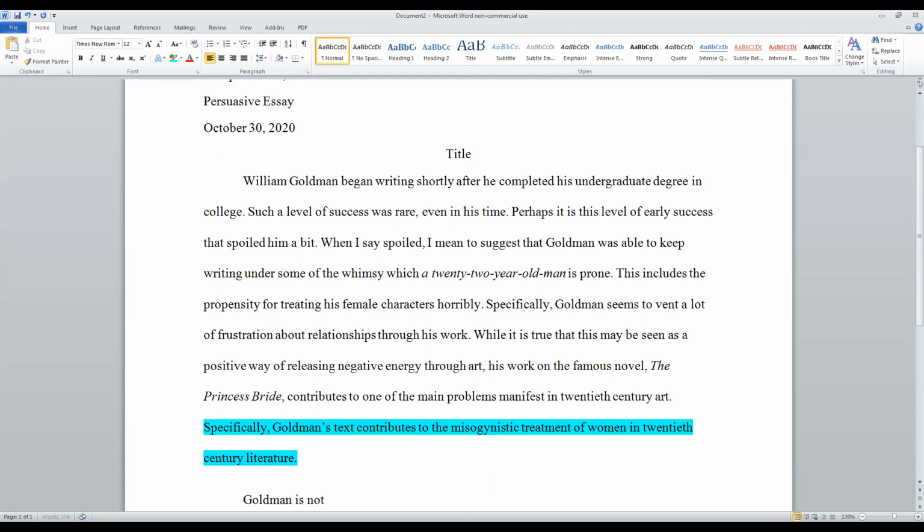Goldman is not a first-time offender either. His early novels, and I'm turning some pages here in the book to remind myself of something. Okay. Boys and girls together.